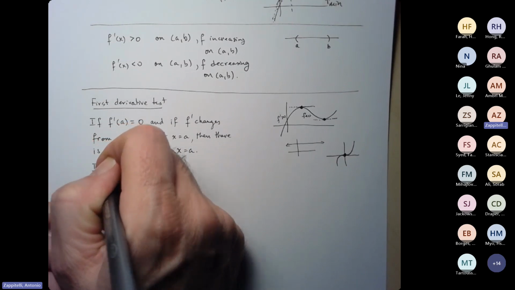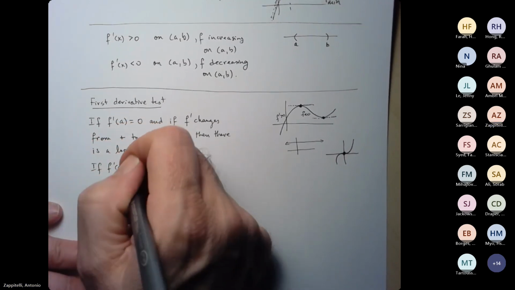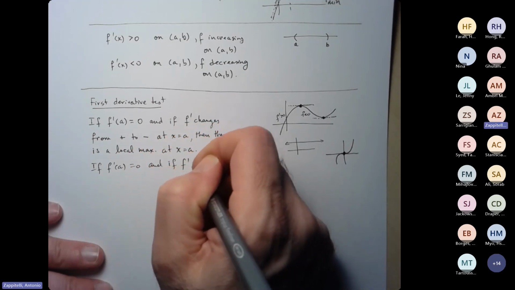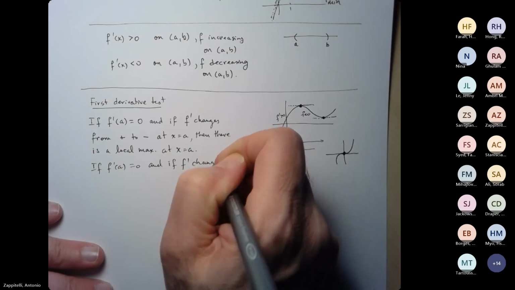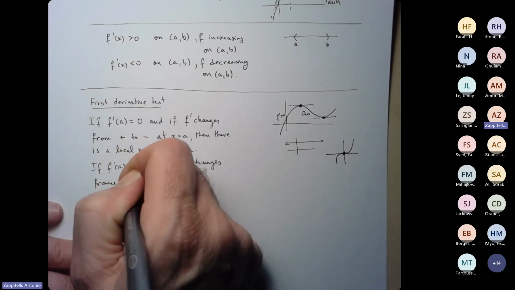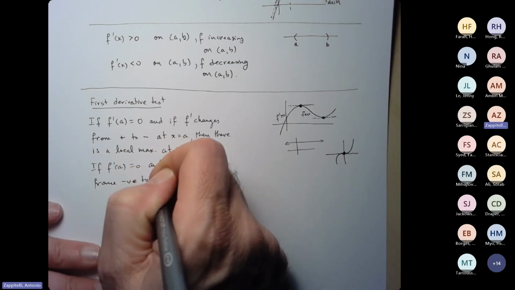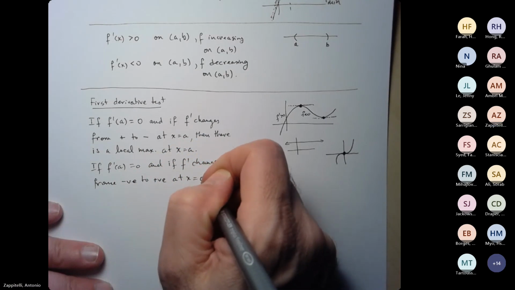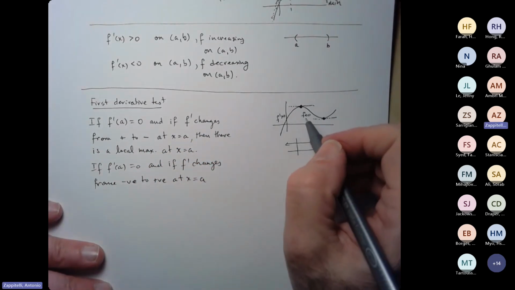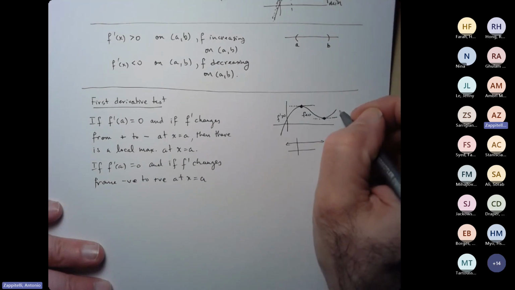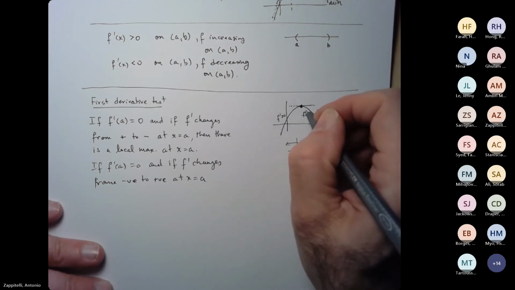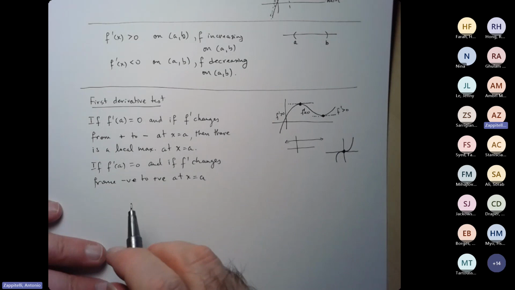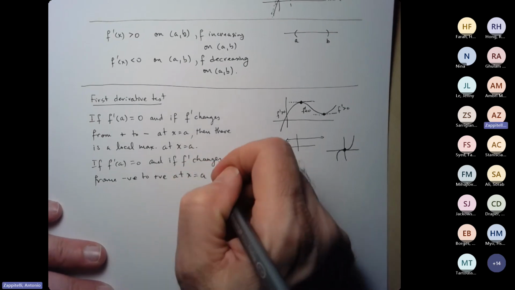And it says if f prime at a is equal to 0 and if the derivative changes from negative to positive at x equals a, so in other words, the derivative goes from less than 0 to greater than 0, then what do we have? If we're going from decreasing to increasing, we have a local minimum, okay?